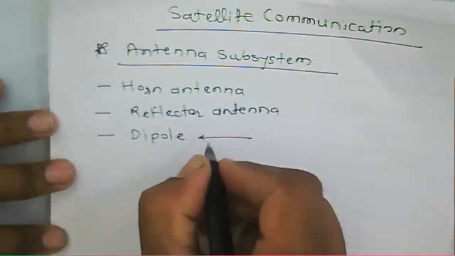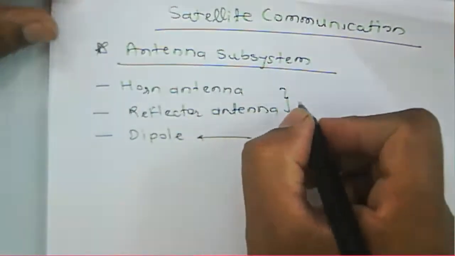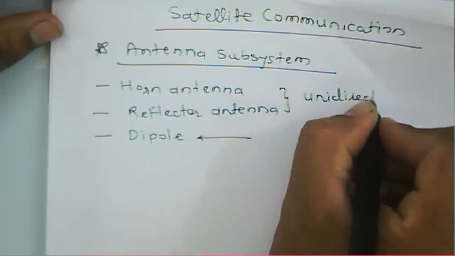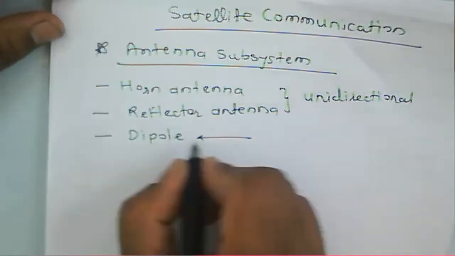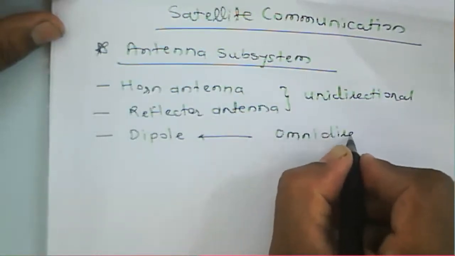Now, if you see all the antennas, the horn antenna and reflector antenna produce a unidirectional radiation pattern. But in the case of a dipole, it produces an omnidirectional radiation pattern.